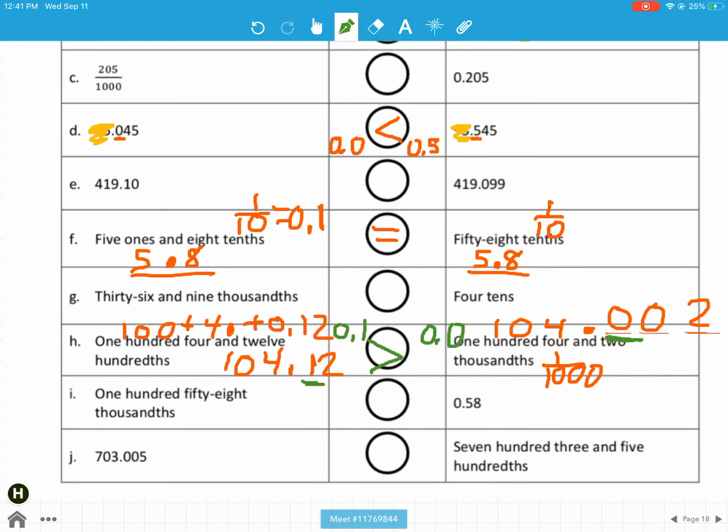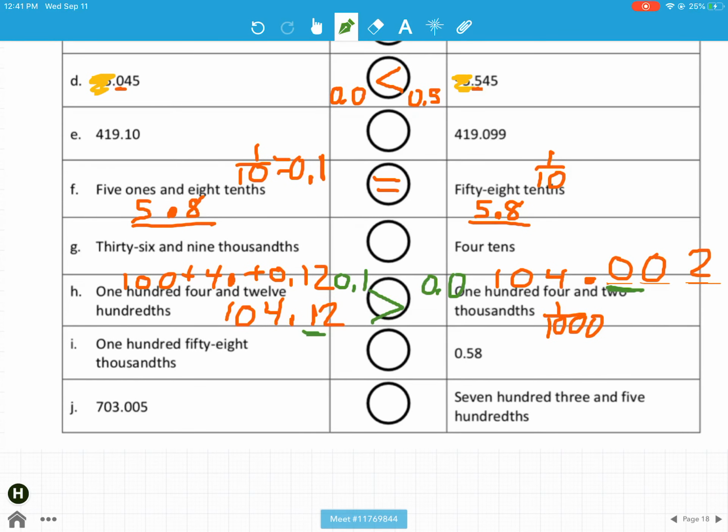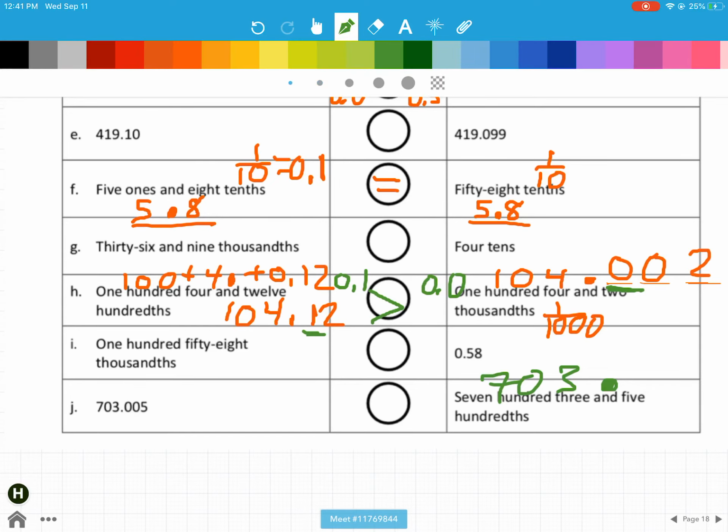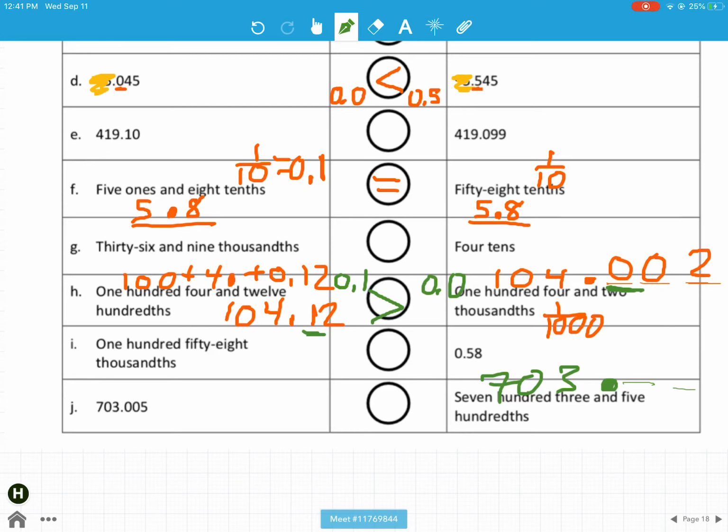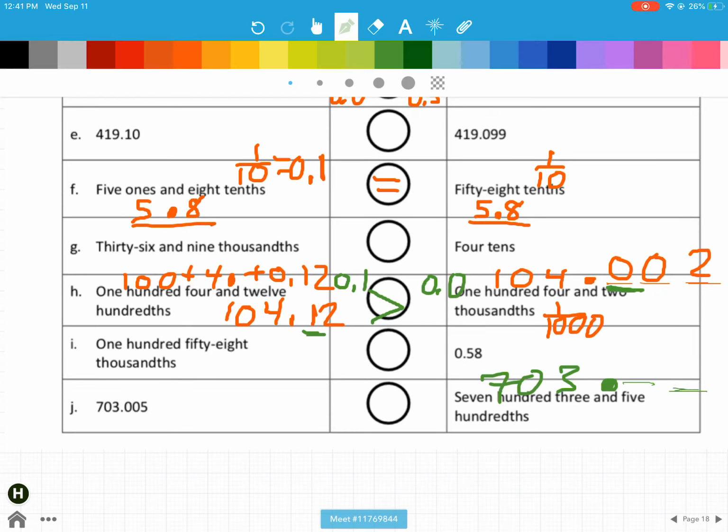Okay, moving on. The last one, J. We have a decimal over here and then words over here. So we're going to have to change these words into a decimal so that we can compare them. So it says 703 and 5 hundredths. 5 hundredths, I'm going to have 1, 2 digits.